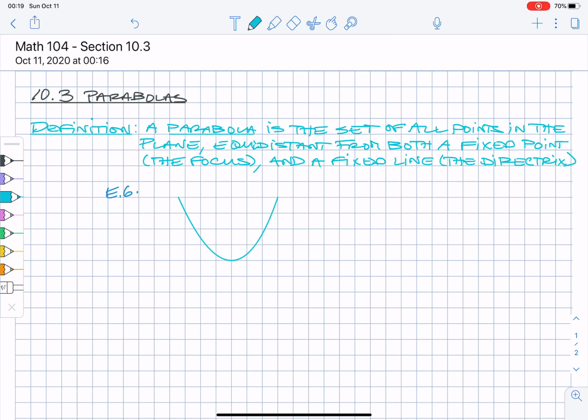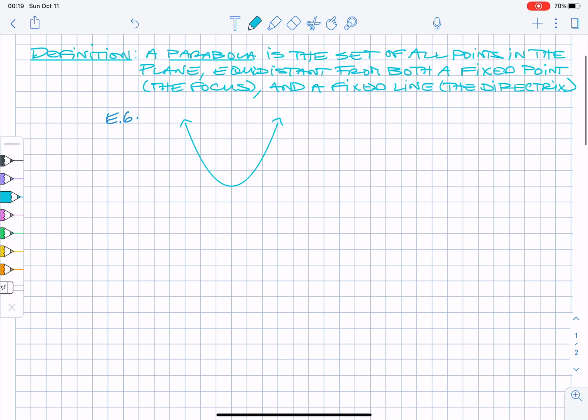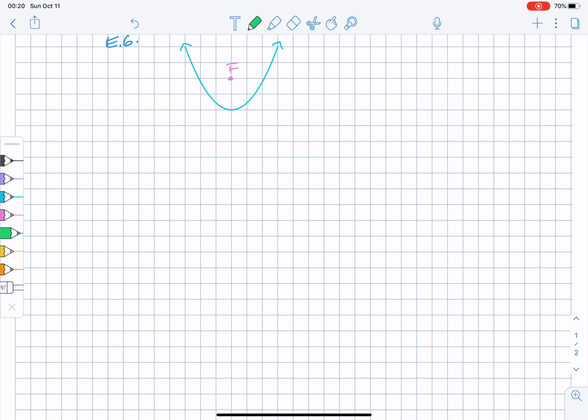And what a parabola is, so let me make sure I have the same distance on either side. A parabola, like so, has a focus, which we will call F, and then a directrix, which now I'll put dashed, which is equidistant, meaning the same distance away.